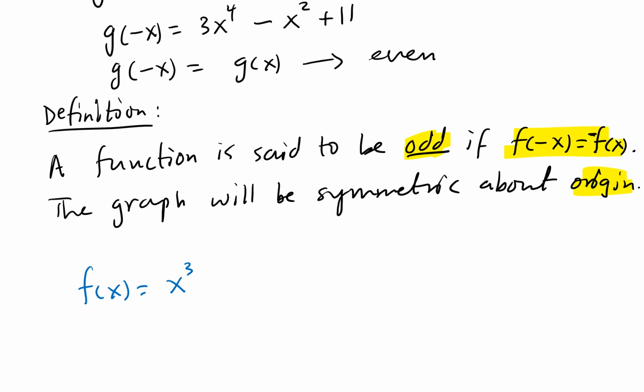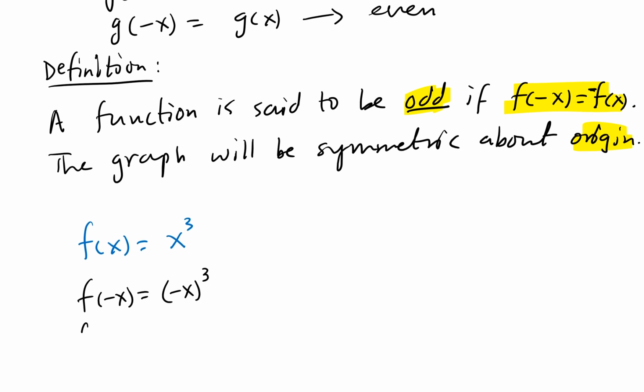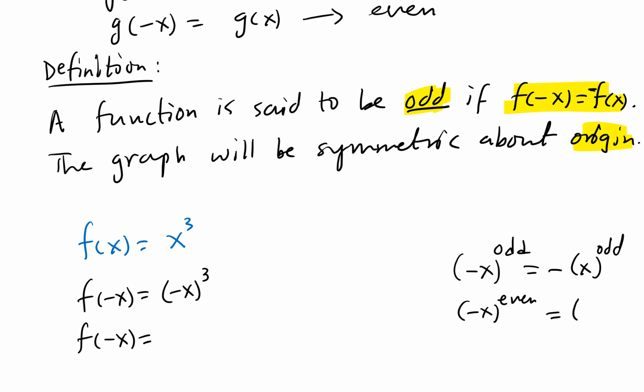Let's look at this one. If we need to find f of negative x, that's negative x to the third power. Because it's an odd power, you can take the negative out. Always, if you have an odd power, you can take the negative out; if it's even, it will cancel the negative.